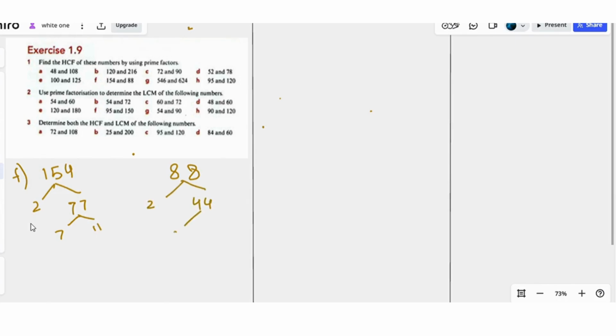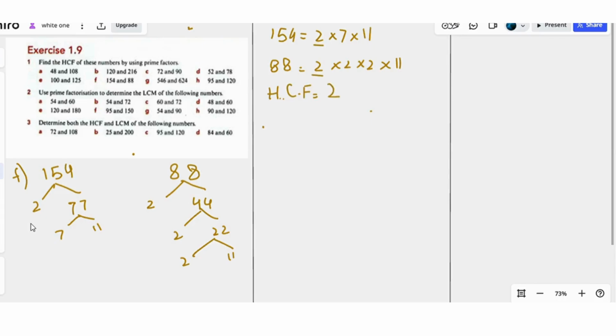Now we'll write all the prime numbers, the prime factors of 154 and 88. And we'll take out the common ones. We'll write it once and multiply them to get highest common factor.